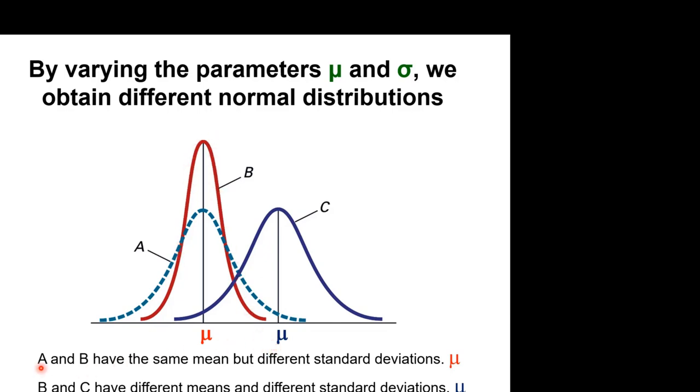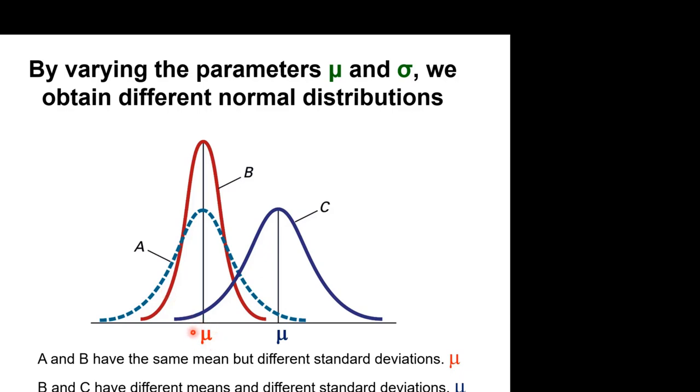Distribution A, denoted by this blue dotted line, has the same mean as distribution B, which is shown by this red line. These two distributions, A and B, have the same mean.